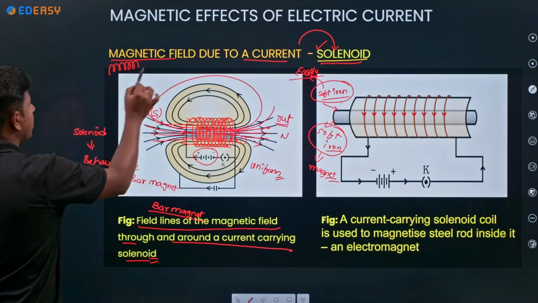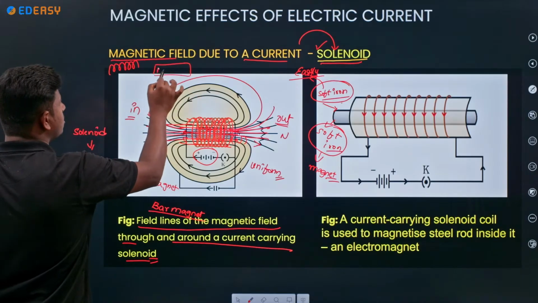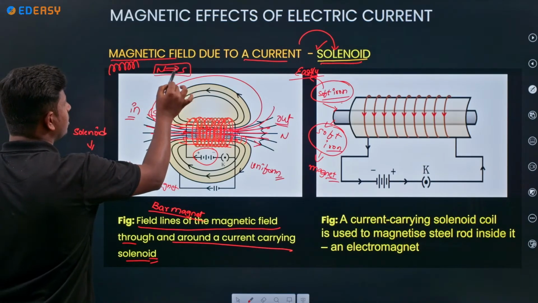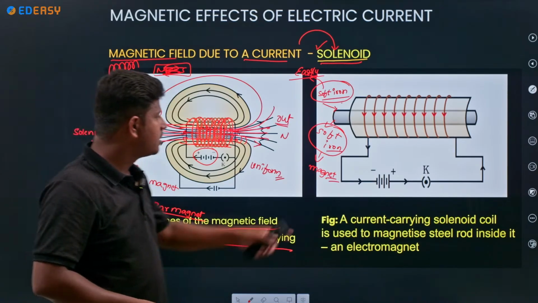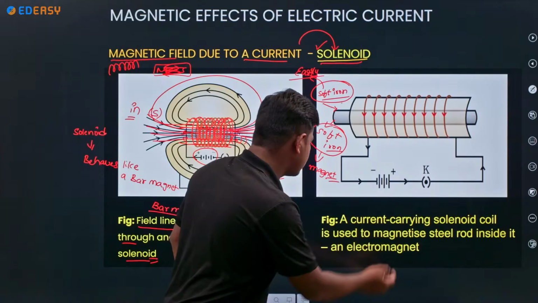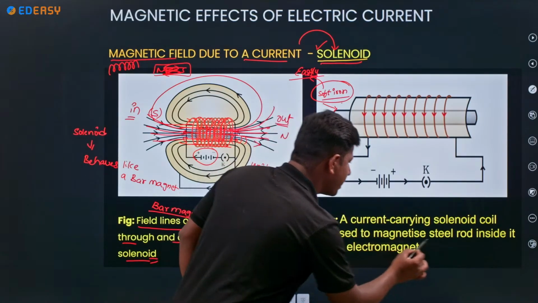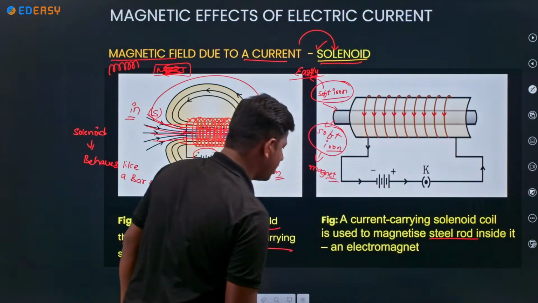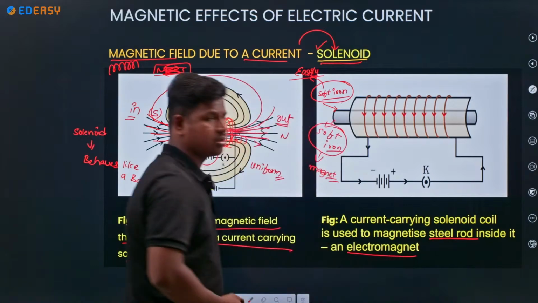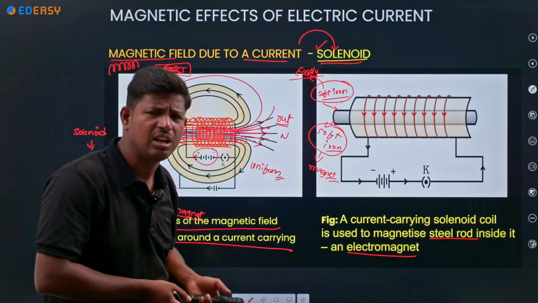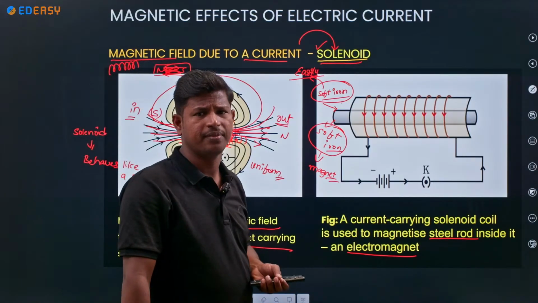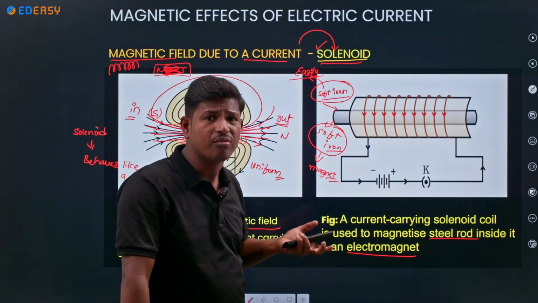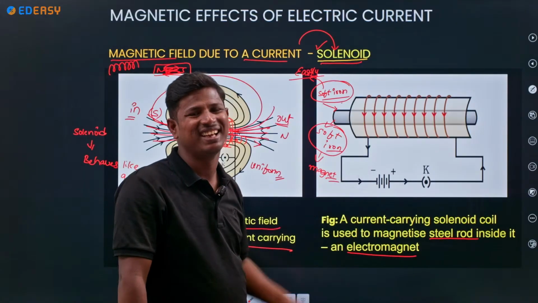If you take a bar magnet, from south to north, how will it be? Uniform, right? A current carrying solenoid coil with a steel rod inside is an electromagnet. You can use steel or other metals, but mostly we take soft iron because it is very soft.